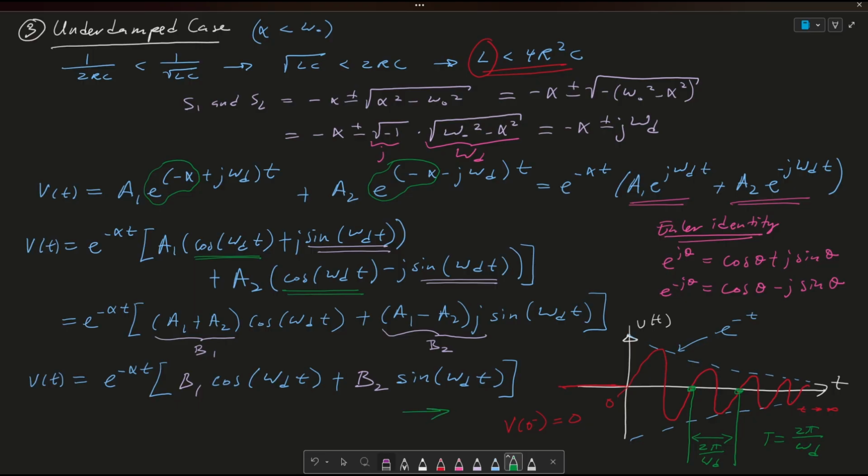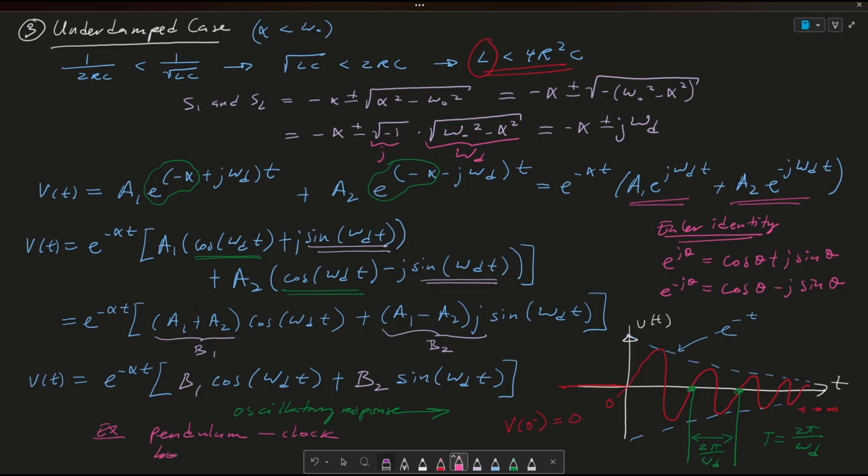And some things I can say about this case is that it has an oscillatory response, and some examples of a system that you can visualize that has an oscillatory response is something called a pendulum, right? Like the pendulum clock, right? It keeps going back and forth, back and forth.